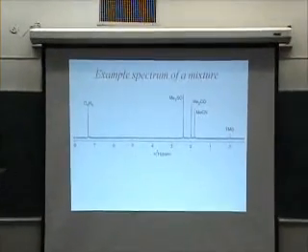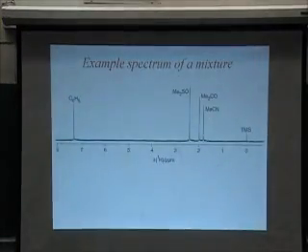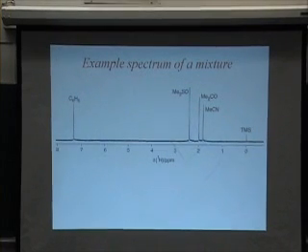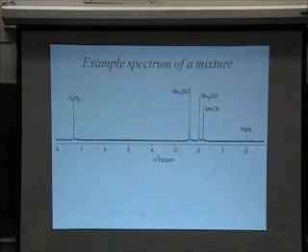अच्छा, अब हम example spectra देखते हैं, मुख्तलिफ. अब suppose we have a mixture of different organic compounds. TMS, we have methyl cyanomethane, we have acetone, we have dimethyl sulfoxide, and we have benzene. Okay? DMSO is generally used as a solvent in NMR spectroscopy.